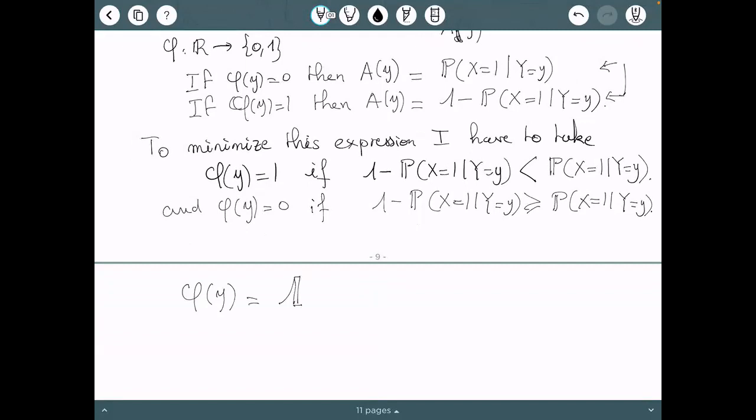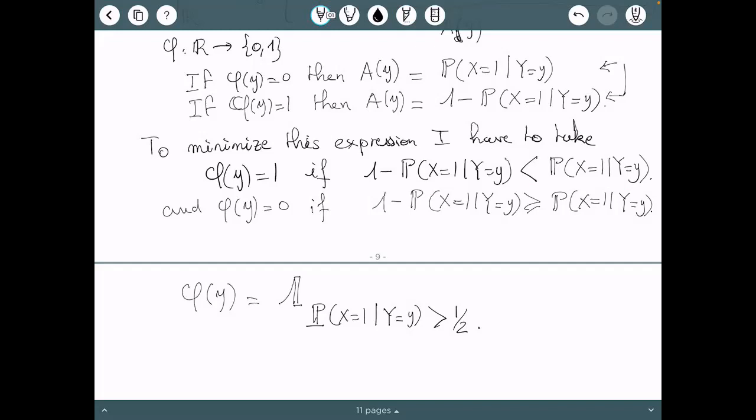And if you look at this inequality, we can put this p on the other side, and you see that at the end, what you get is an indicator function that the probability that x equal to 1 given y equal to y is bigger than 1/2, which is of course a deterministic function of y. Okay, and so it is the function which minimizes the quantity of interest. So this is a solution.